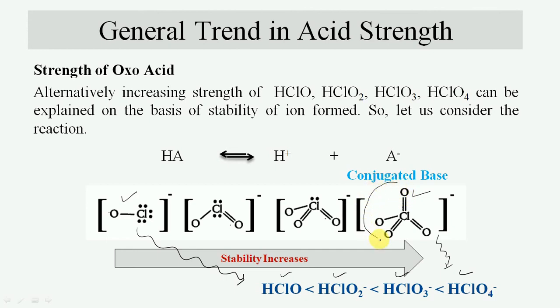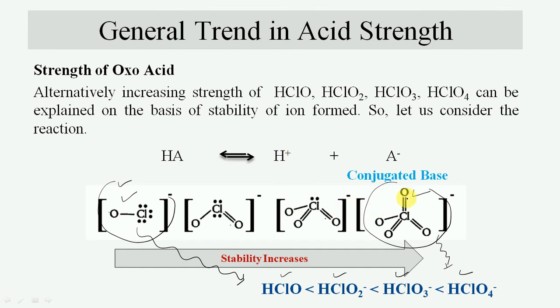Now this conjugate base has the maximum stabilization and this one has the minimum stabilization. This means this ion will have the minimum stability, therefore it will have maximum attraction for the H plus ion. In other words, this ion will be the strongest base and so its conjugate acid will be the weakest.